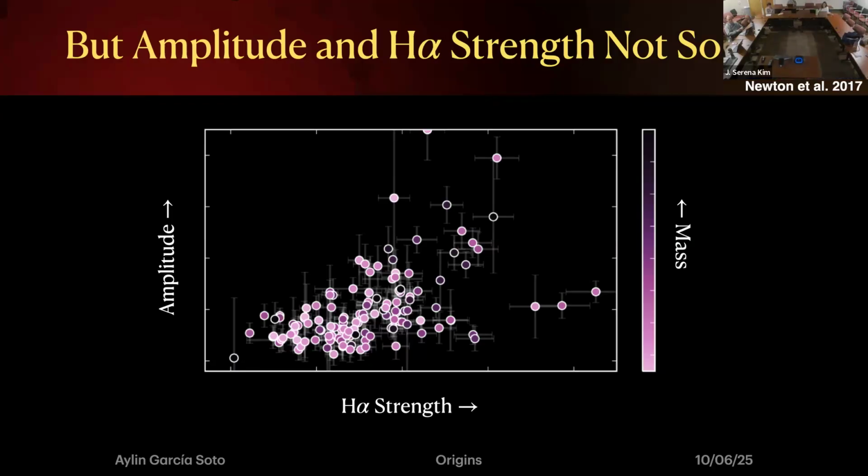Could you give an idea about the range of the amplitude, strength, and mass? The mass goes from 0 to 0.6 or 0.4, I think, because our highest was 0.45. And the amplitude range is not that big.